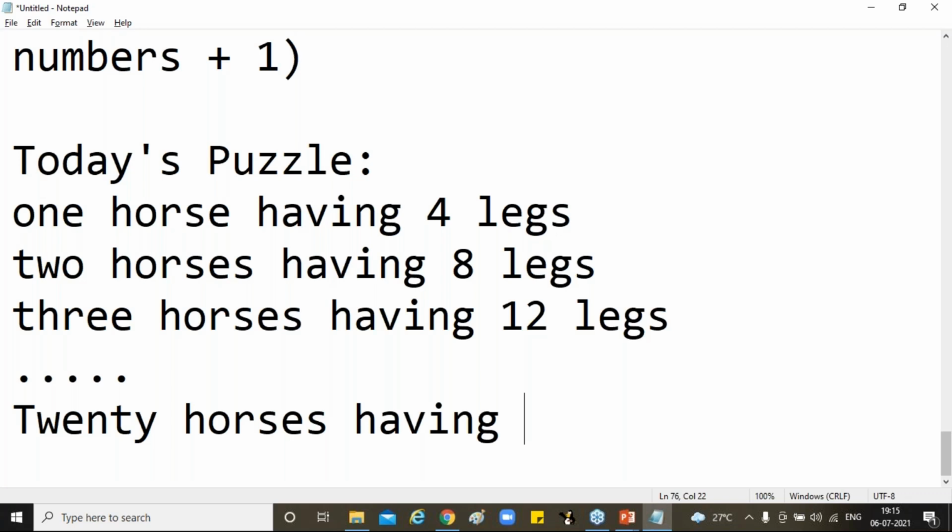Like that, using the three statements, they gave a correct statement only. 20 horses having 44 legs. How is it possible? If any doubts, please ask me.